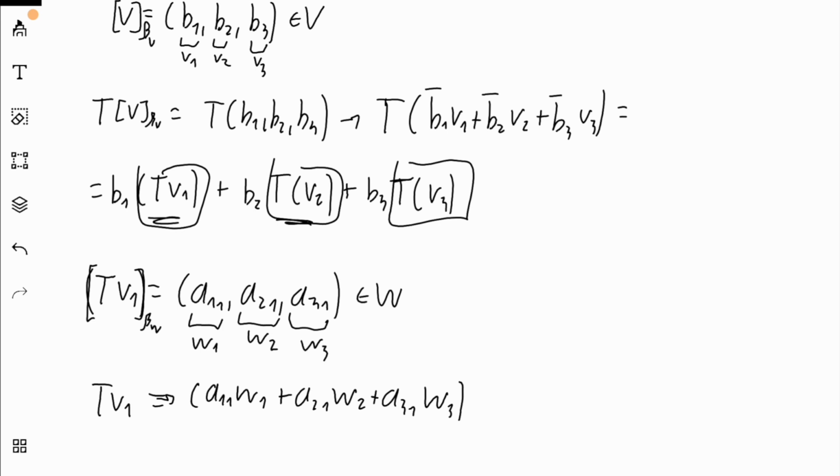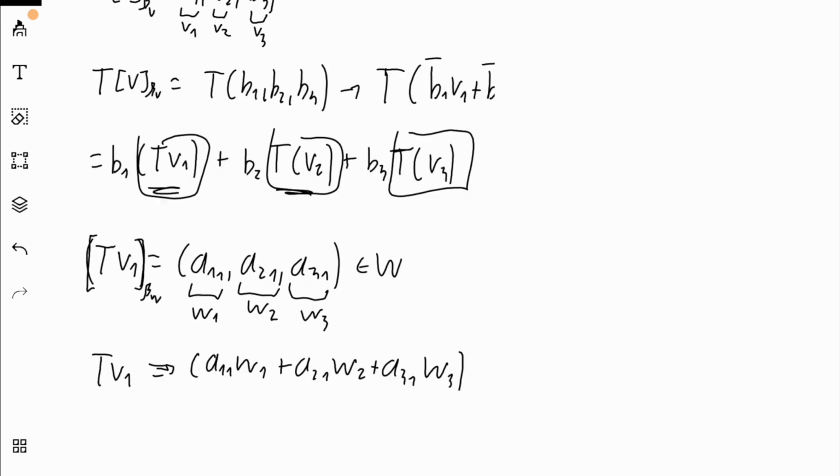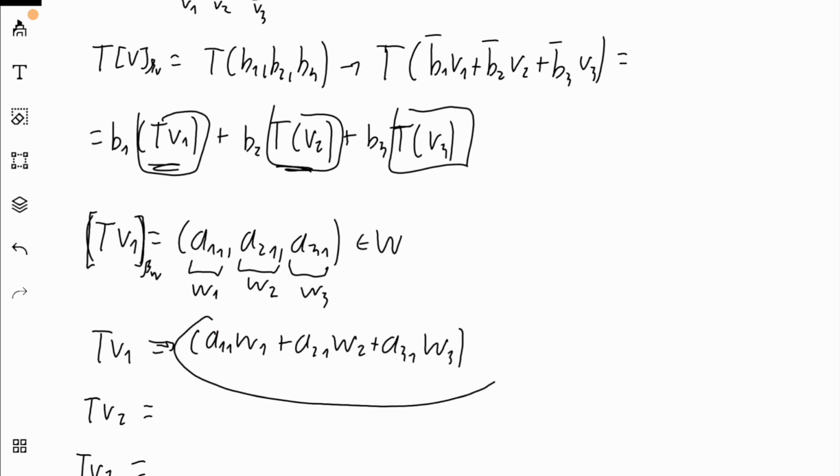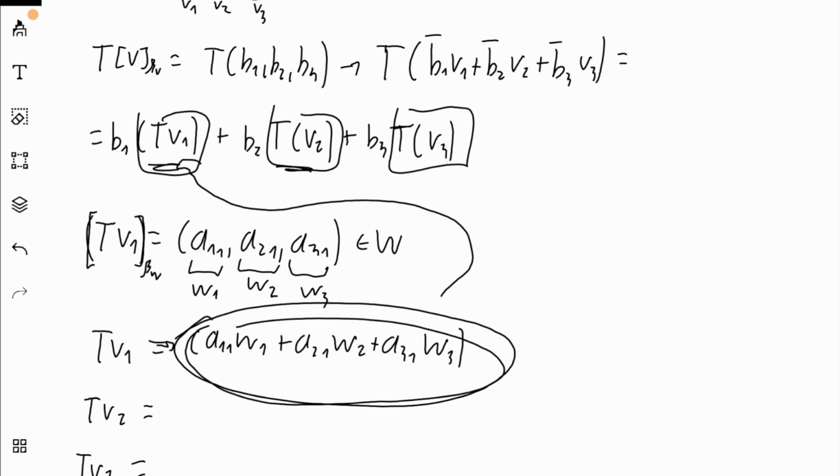Now we can do the same thing for T of v2 and the same thing for T of v3. We just need to know where it takes these basis vectors. And now we can replace T of v1 by what we just got over here.